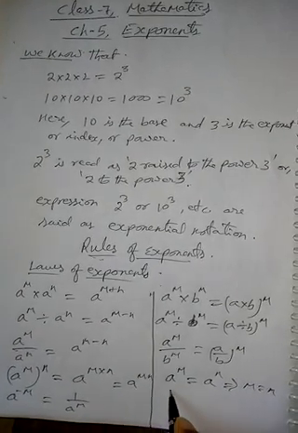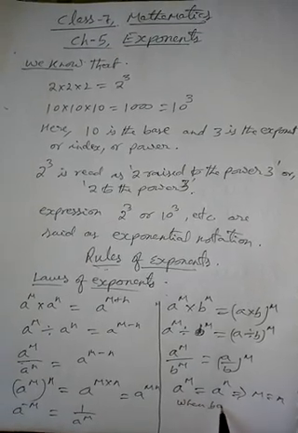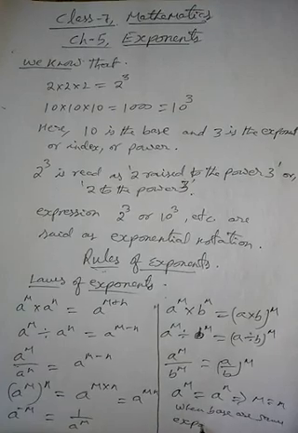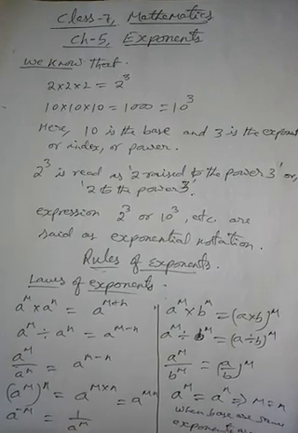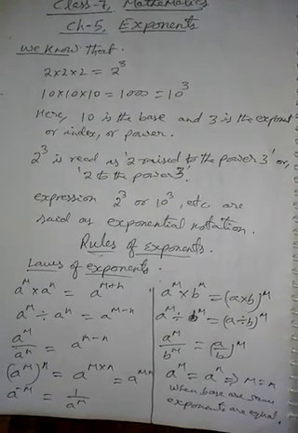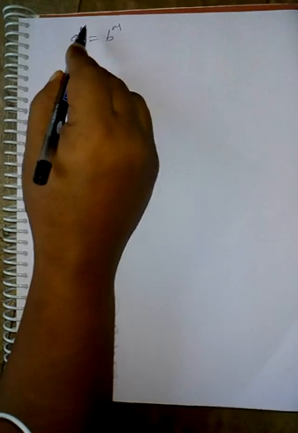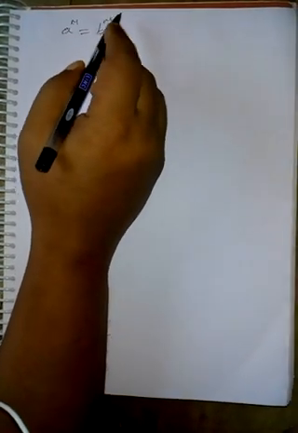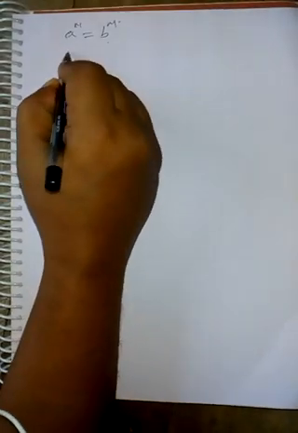That is, when bases are the same, exponents are equal. Next page. When bases are different but exponents are the same, like this, and the powers are equal, then the bases will be equal.